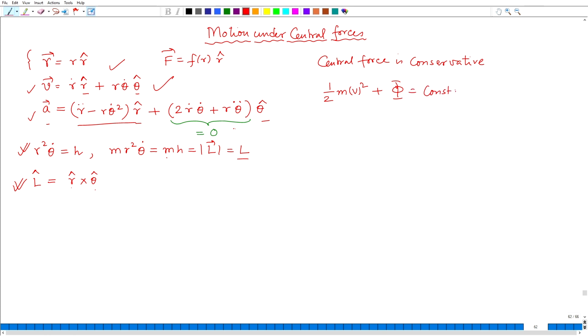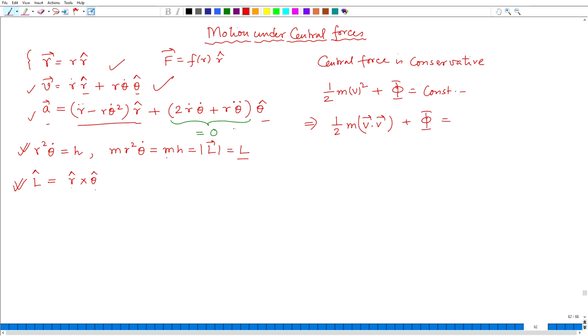Now, how to write that explicitly just after knowing all these expressions? You can easily write half m v dot v plus phi is equal to constant.